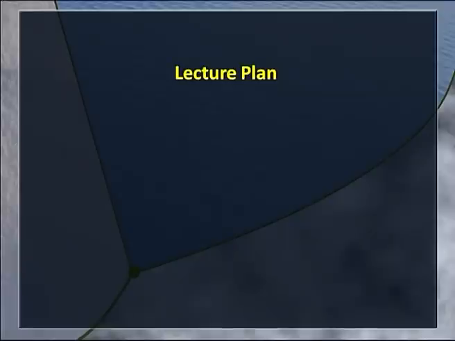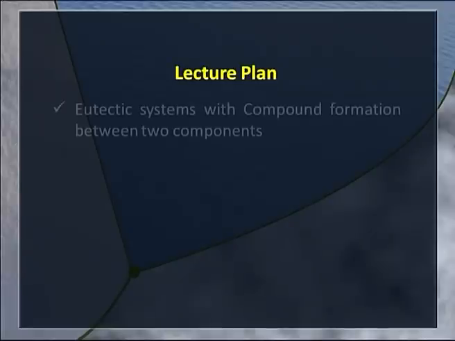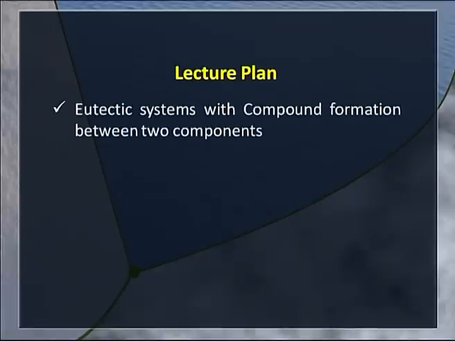In that, we have simple eutectic system as the starting point, which gave you some idea how a two component system consisting of solid liquid equilibrium can be handled. Today, in this lecture, I will continue our discussion on eutectic systems in which the two components have a tendency to form a compound. There are two possibilities.